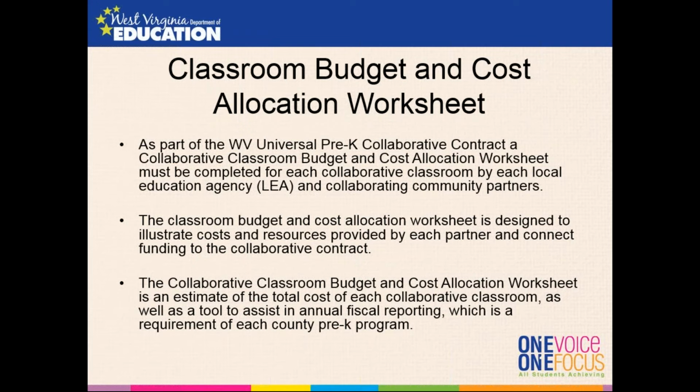That means if you have 40 collaborative classrooms, each of those 40 collaborative classrooms has to have one of these classroom budget worksheets. I know that it may seem like a lot, but you all capture this information in your contracts, and this is just a worksheet to allocate how funds are being contributed in a collaborative classroom.